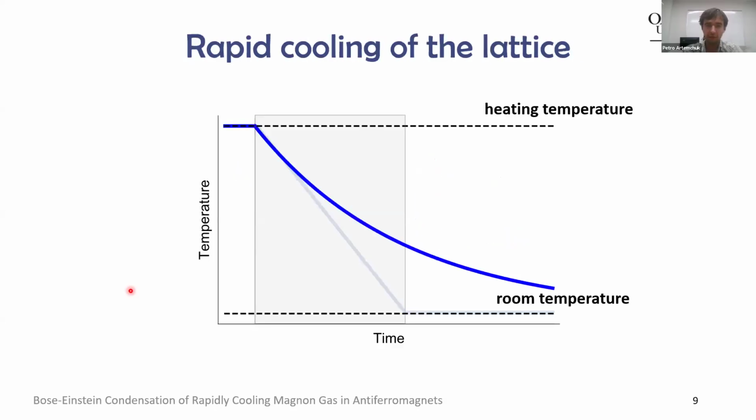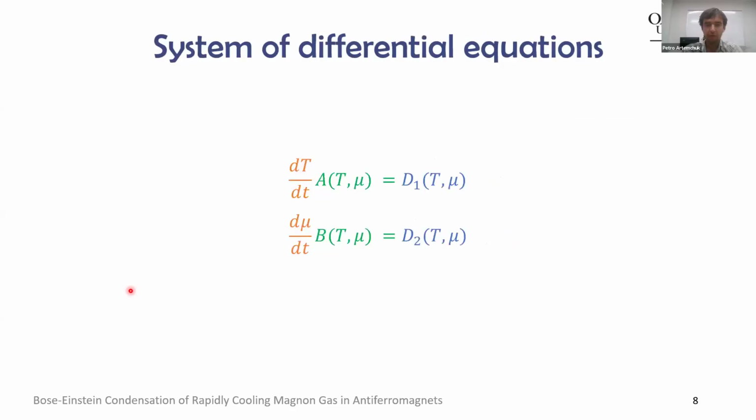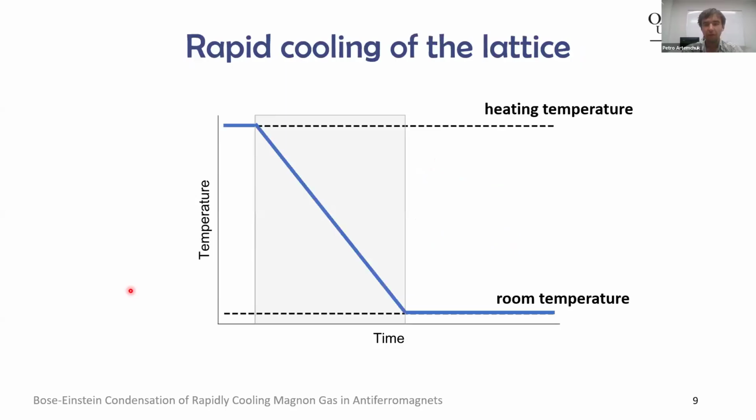However, this can be transformed into a system of equations for temperature and chemical potential. Then, during this simulation, we also introduce the rapid cooling of the lattice. We could use just linear cooling.